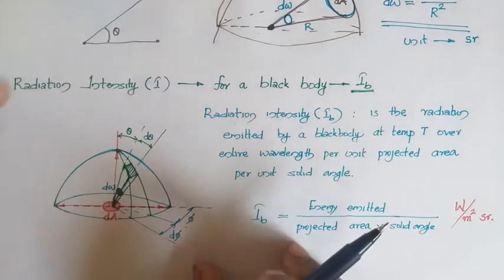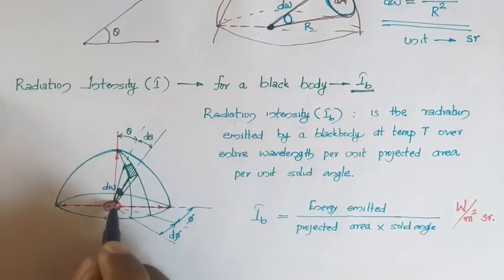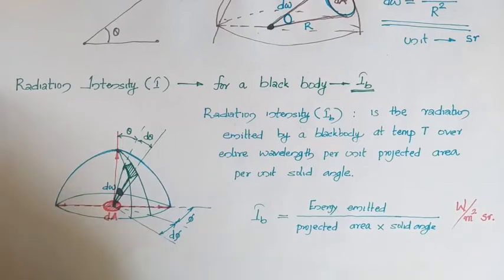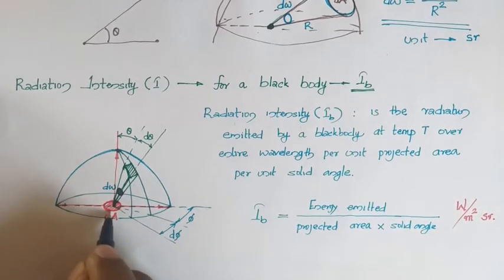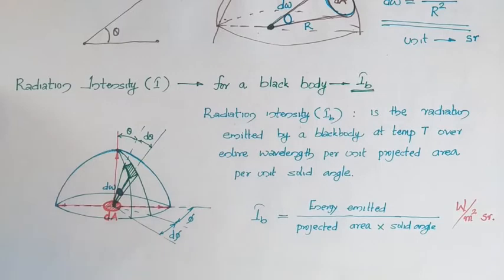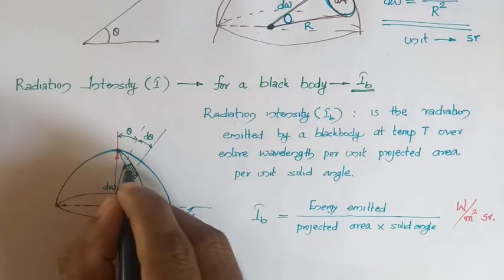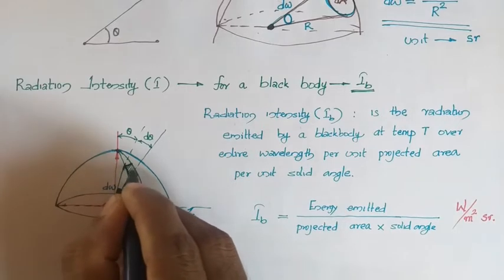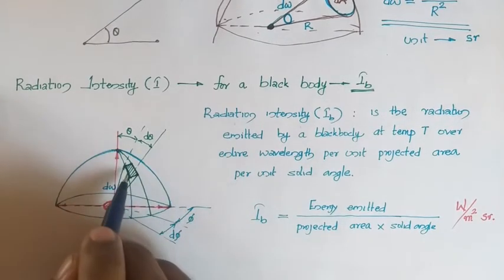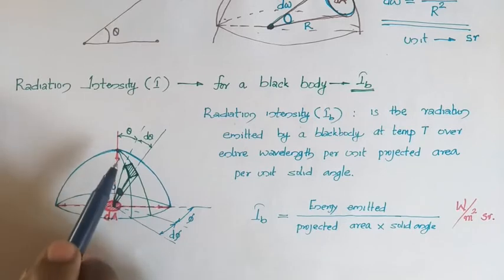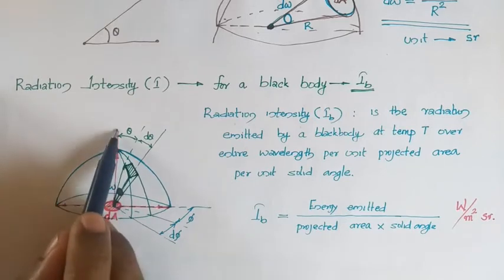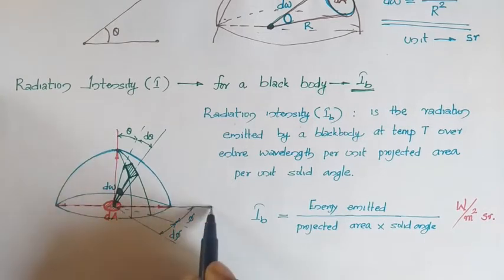And here you can see an area dA, which is actually the surface emitting, part of a black body, say. So this is dA, and here you have to find the radiation intensity in this direction, or the radiation which is falling onto this area. This area is coming at angles which can be measured in two ways, with respect to the vertical and with respect to the horizontal.